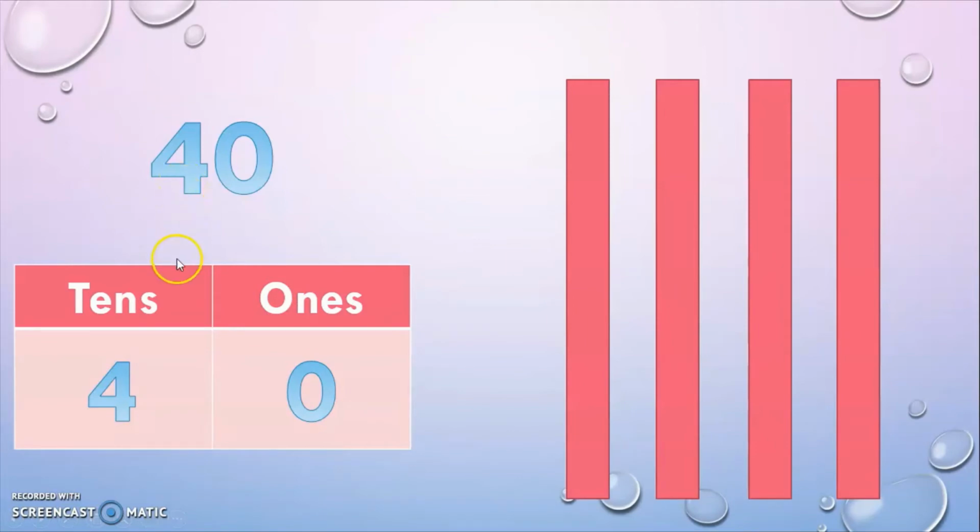In a place value chart, it has 4 tens and 0 ones. Notice what the drawing looks like. There are 4 stacks of 10, but there are 0 or no ones. This is showing 40.